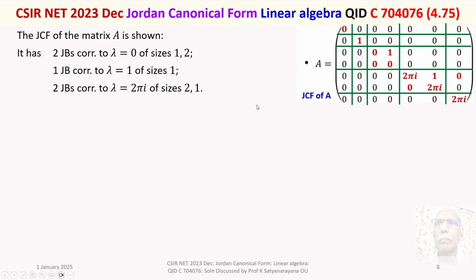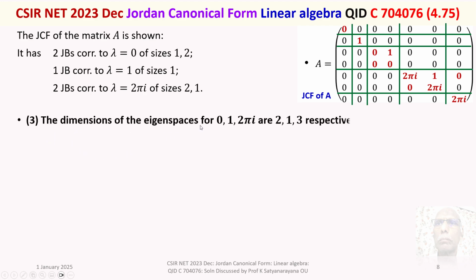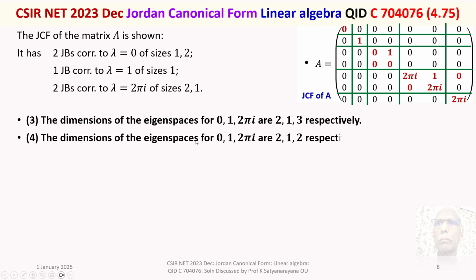This is already done in the last slide. We recall option 3: the dimensions of the eigenspaces for 0, 1, 2 pi I are 2, 1, 3 respectively. Option 4 says the dimensions of the eigenspaces for 0, 1, 2 pi I are 2, 1, 2 respectively.